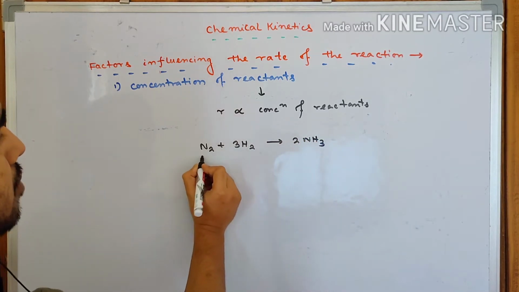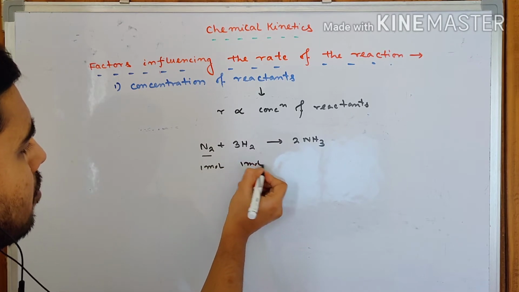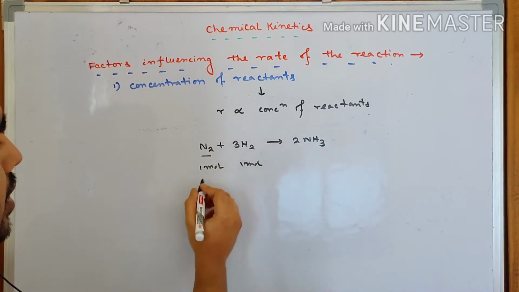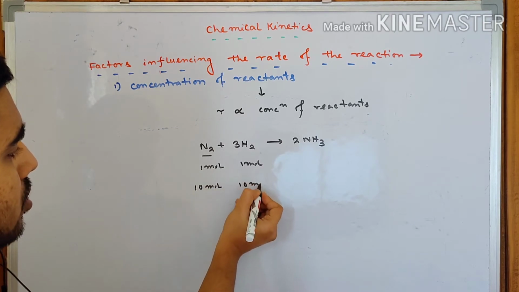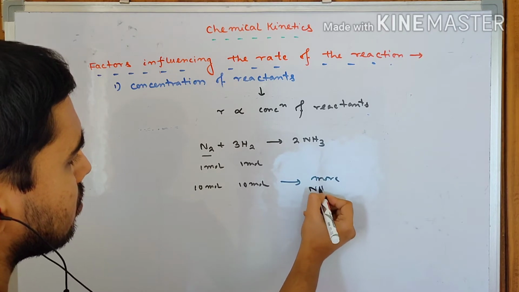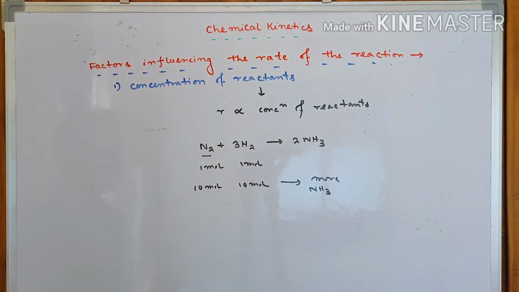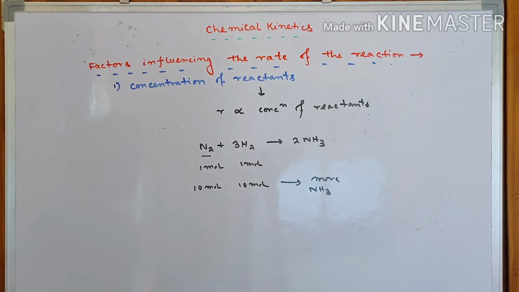Suppose it was 1 mole. Now from 1 mole, if you are making it 10 mole, needless to say you will be getting more amount of NH3, because more amount of nitrogen and hydrogen will then react with each other to produce ammonia. So concentration of reactant is the obvious choice when we are talking about the factors.